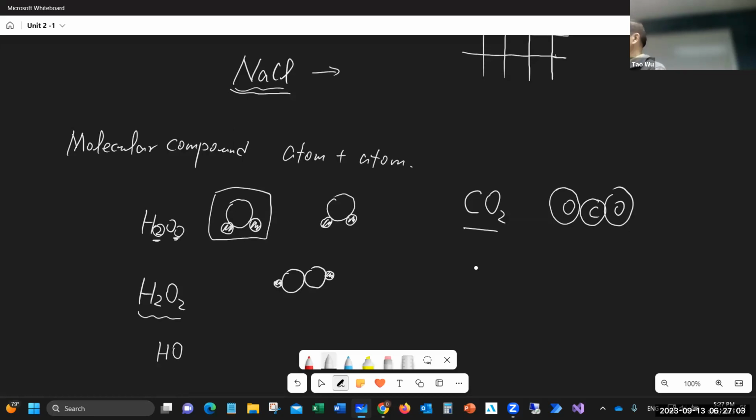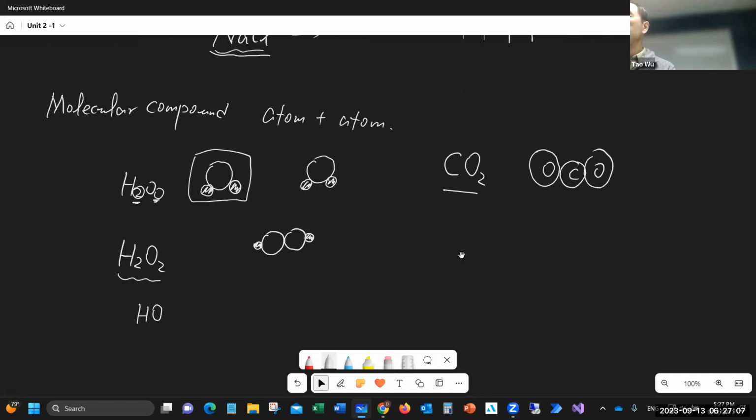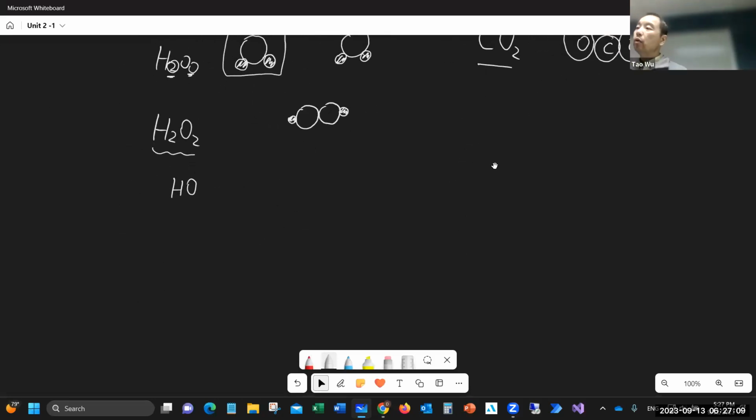Right now, we just talk about the molecule with 2 different atoms combined together. This is what we call a biatomic molecule. So, naming for biatomic molecules.